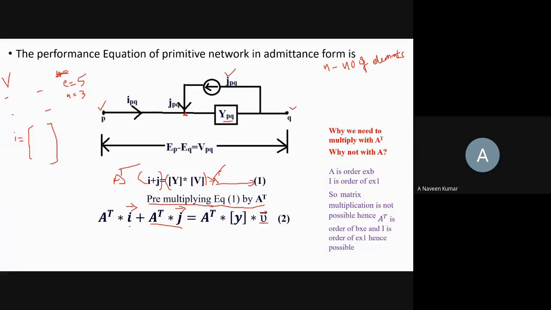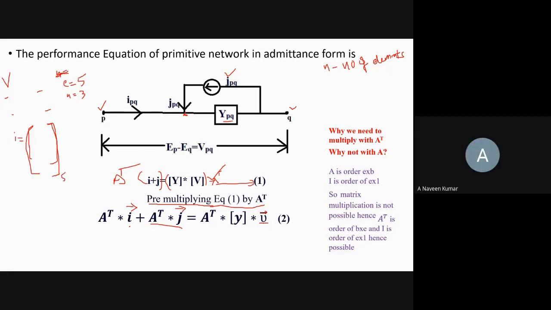If the number of elements is 5 and the number of nodes is 3 in any given power system network, what is the matrix order now? Here 5 by 1, very good.